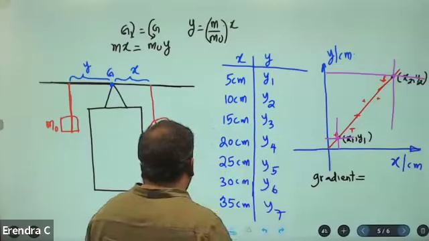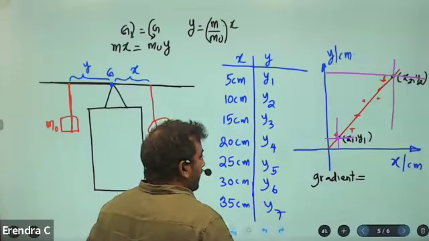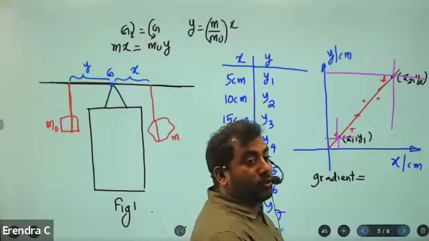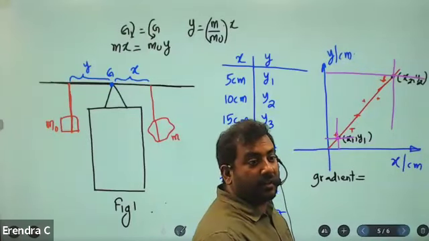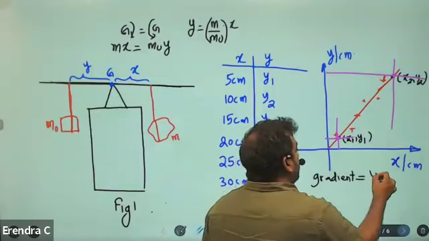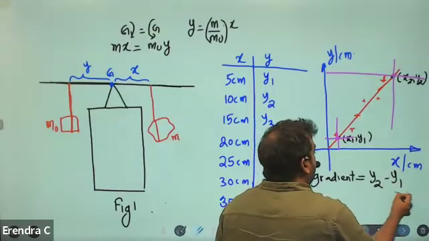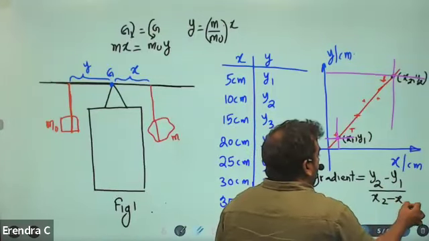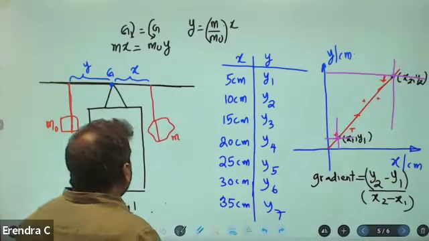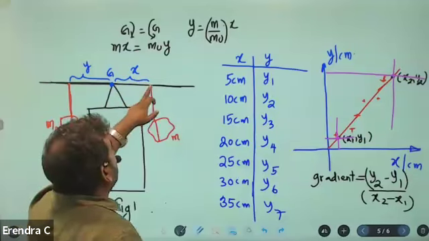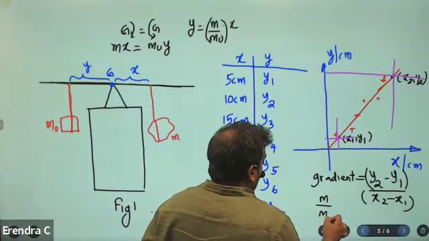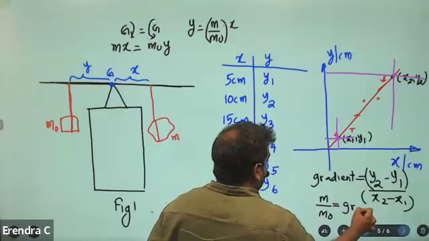Now tell me with your O-level knowledge, gradient, if I know x1, y1, x2, y2. Gradient is y2 minus y1 divided by x2 minus x1. So the gradient of the graph is equal to m over m naught. m over m naught is your gradient.